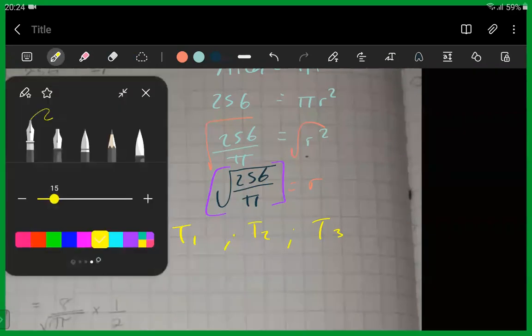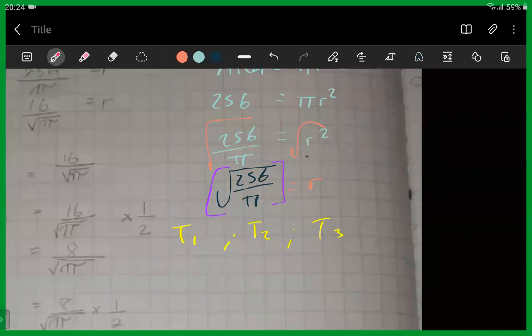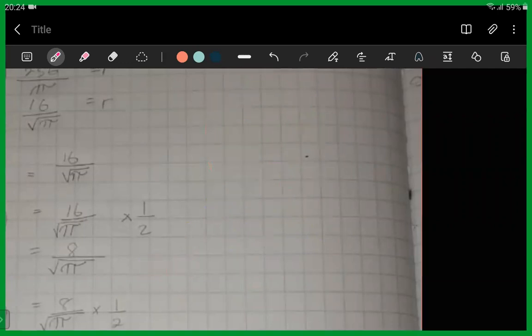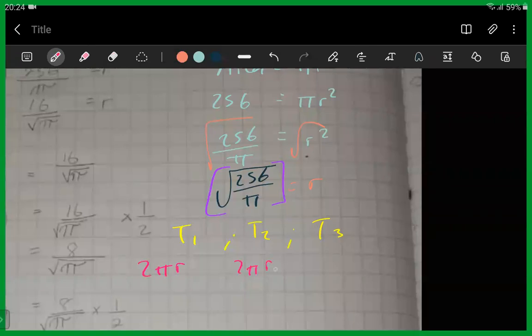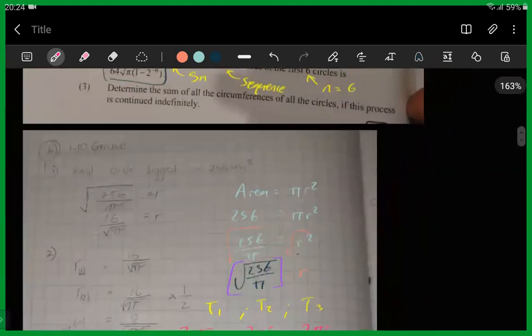So the logic behind that, you could say t1 is 2 pi r, the next one is 2 pi r over 2, the next one will be 2 pi r over 4, going on and on, because the original radius is what's being affected.